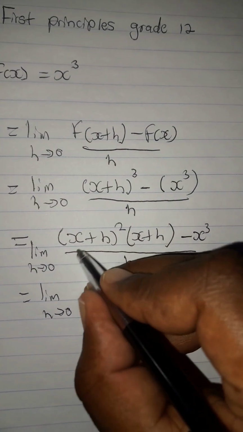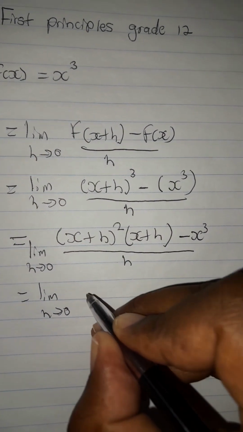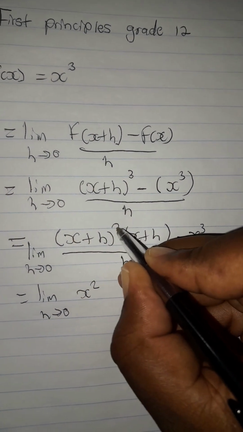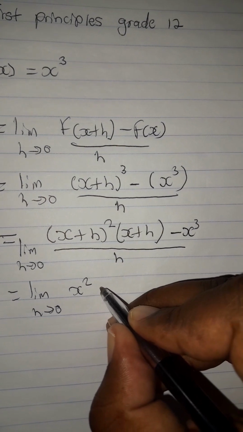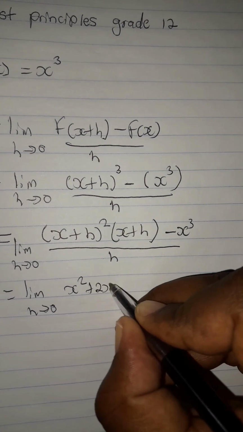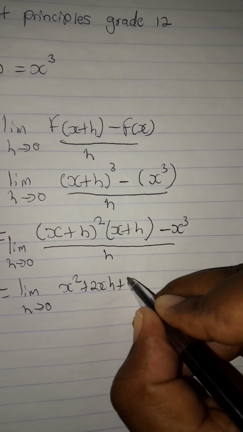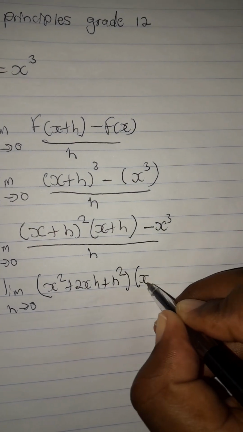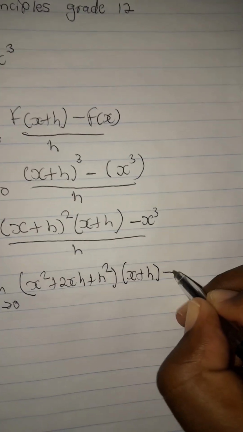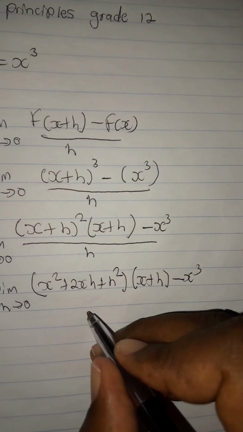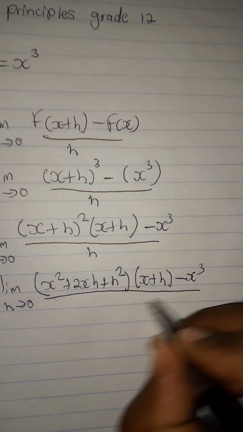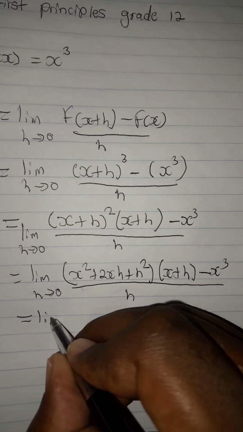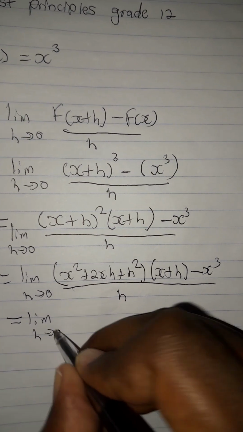So let's work out the brackets now. You square the first, that will be x squared. The power multiplies everything, 2 times x times h, that will be 2xh. Then you square the last, which is h squared. Then we have x plus h minus x cubed divided by h. From here, don't forget that we still have the limit as h approaches 0.